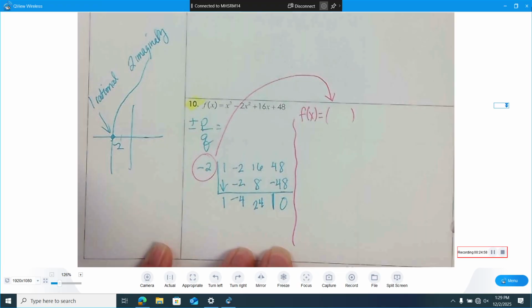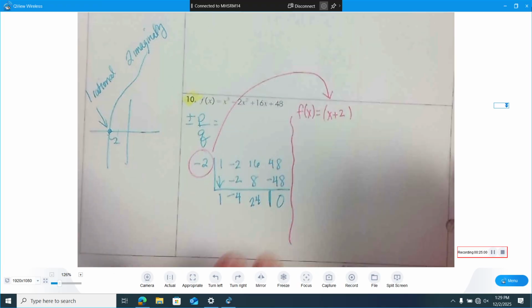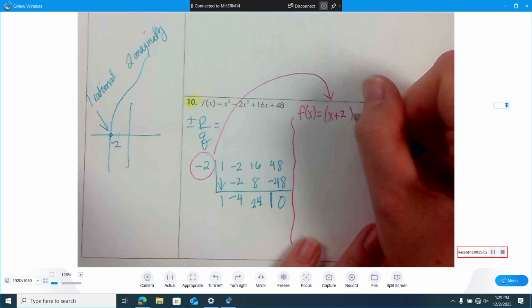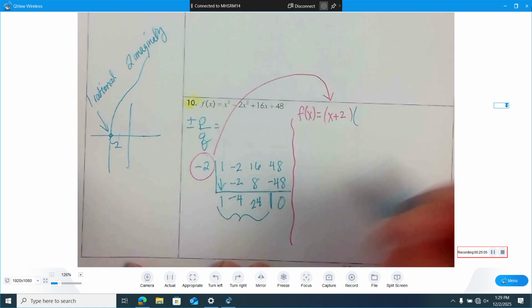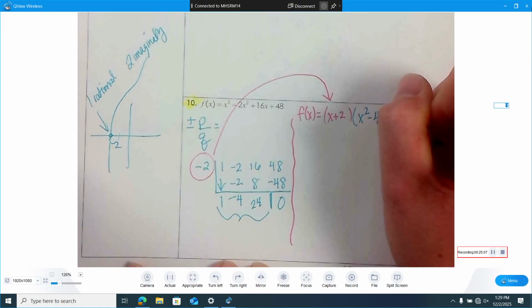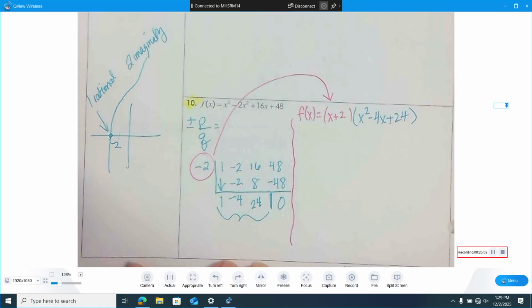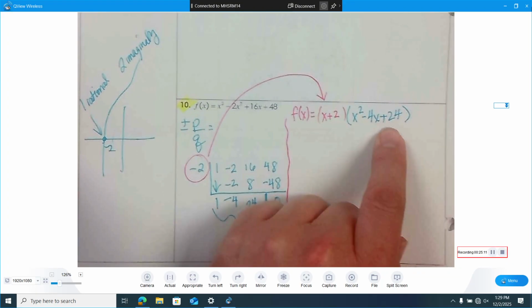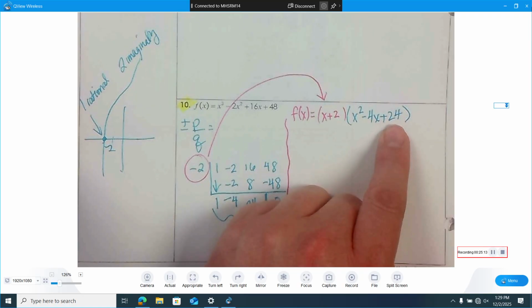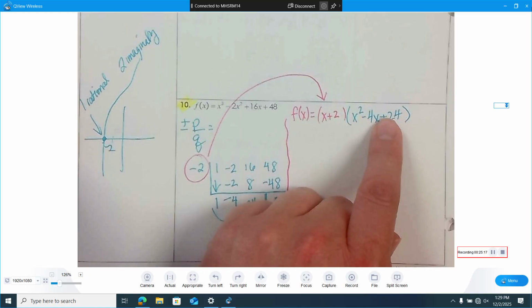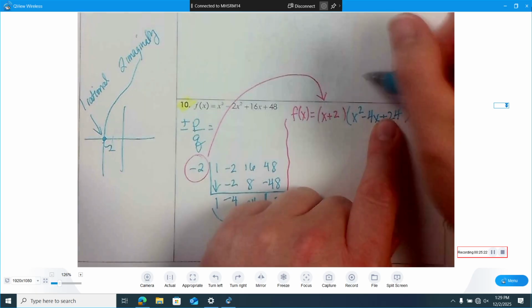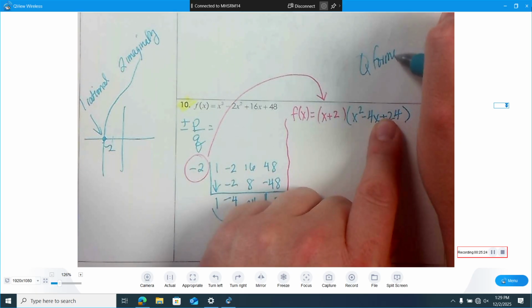What's the bubble it came from? x plus 2. Good. And then I have my quotient. What's my quotient? Good. And again, I'm asking myself here, 8 times 3, 6 times 4, 12 times 2. Can I double bubble this? Doesn't double bubble, so that means I have to use the quadratic formula, Q formula.